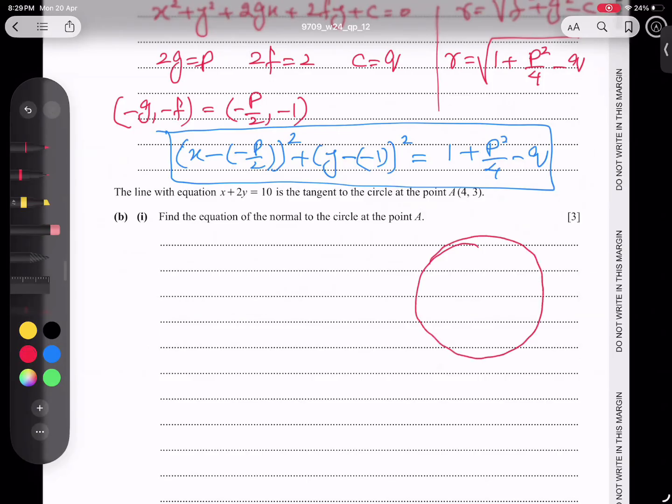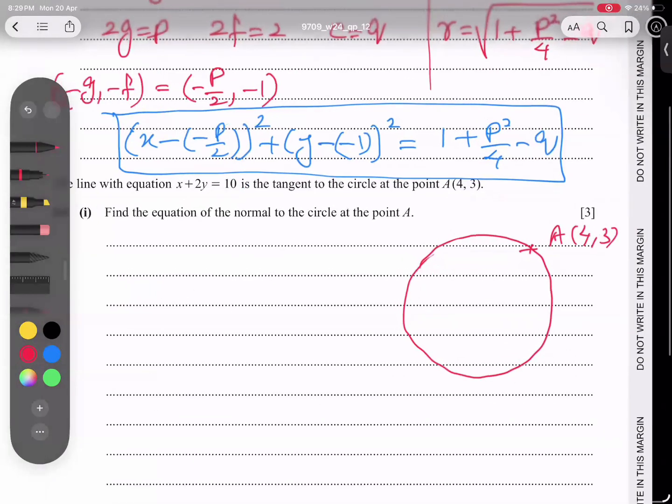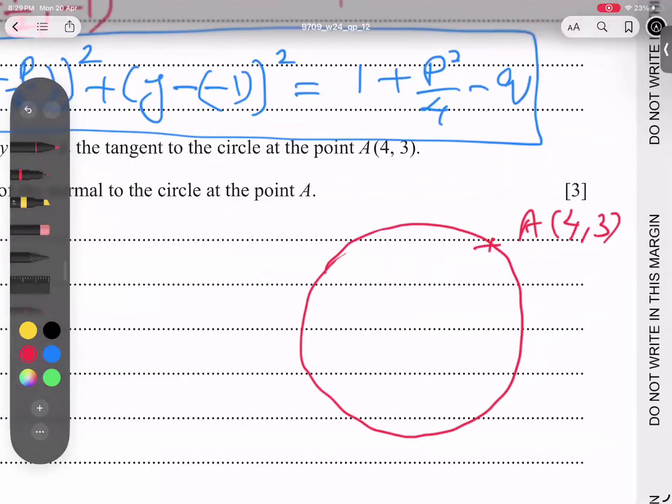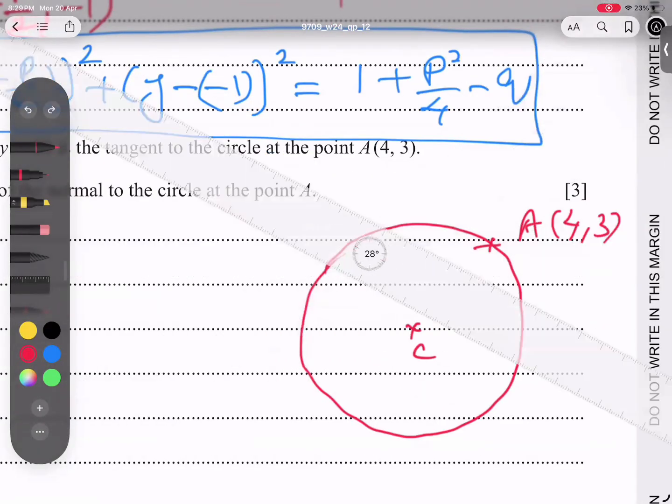This circle equation, the circle diagram, you know very well. And this is a point, the point is A, 4,3. I'm showing you this is the center of the circle C, and this is the tangent. Let me make it a proper way.